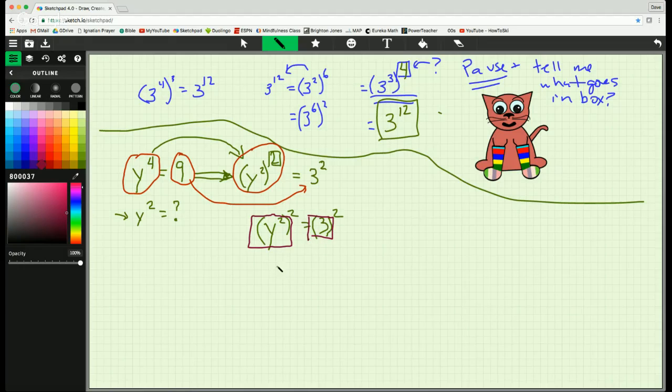And so I know that y squared equals 3. There's actually one little caveat to this, but we're not going to get into that vagary right now. So I answered my question. I don't know what y is, but I know that y squared is equal to 3.